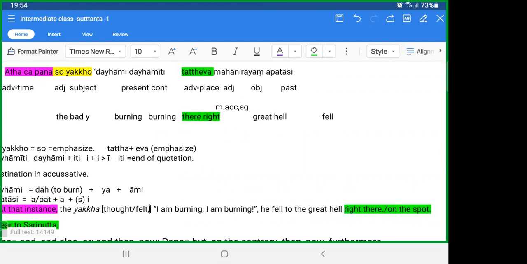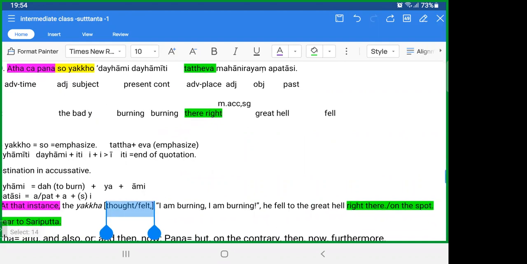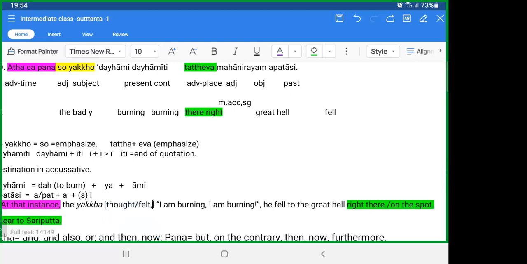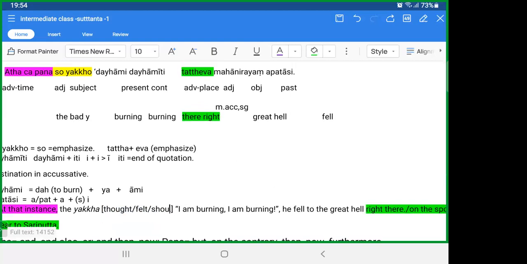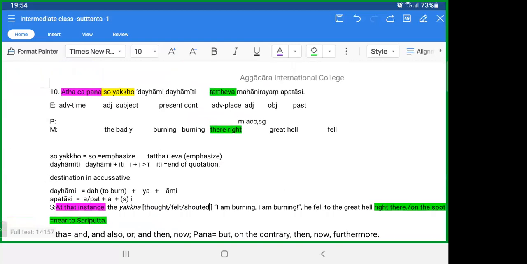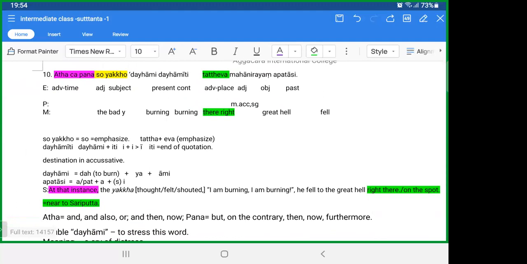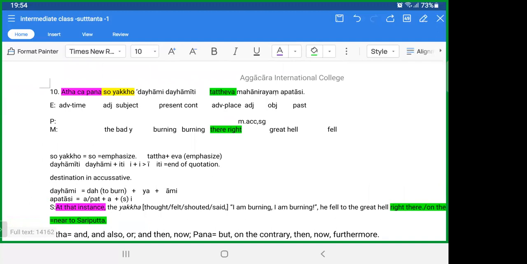That's why we put the bracket here, understand? Because we don't know what his situation is there. Does he think he's shouting? If you say he's shouting, does he have the time to shout, since he has to go to hell right now? At that instant he had to go to hell. Does he have time to shout or say? So all these are subject to our interpretation. That's why we put the bracket.